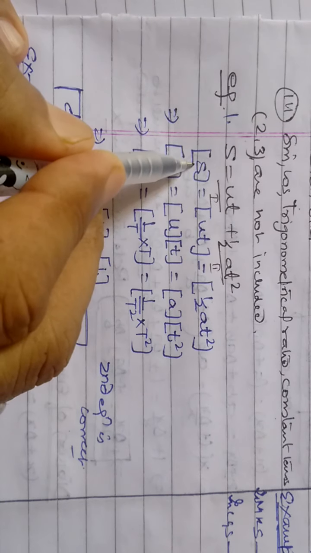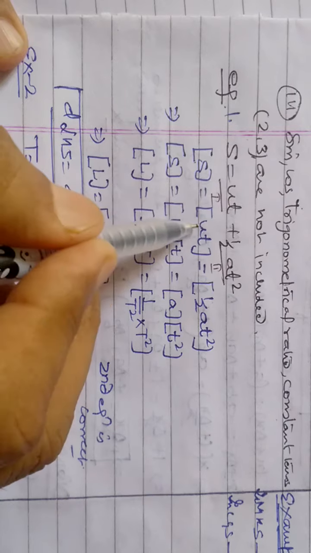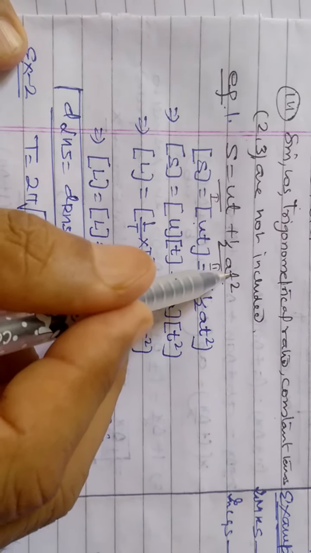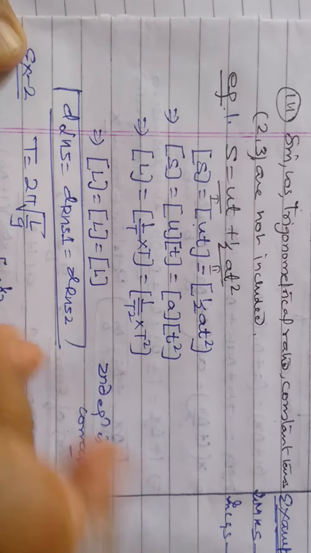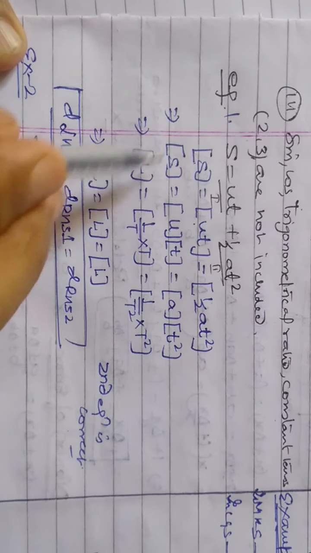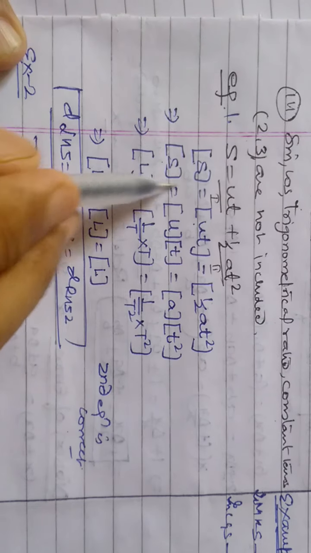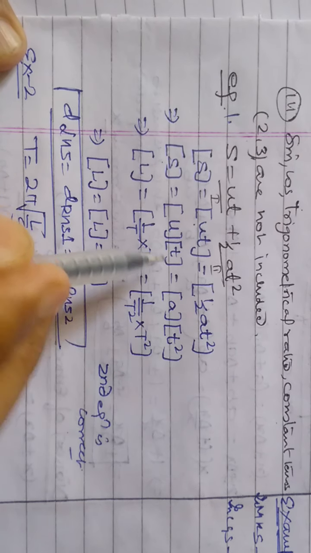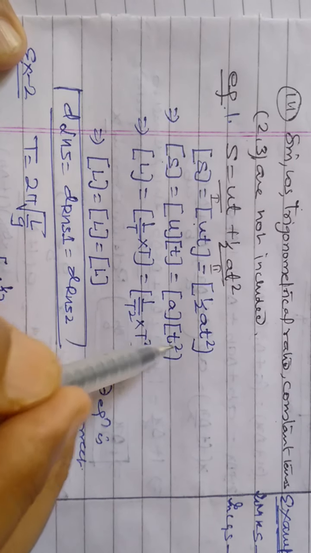So we can say the dimension of s must be equal to the dimension of ut must be equal to the dimension of 1 upon 2 at square. Because 1 upon 2 is a constant quantity, we will eliminate it. So dimensions of s must be equal to dimensions of u into t must be equal to dimensions of a t square.